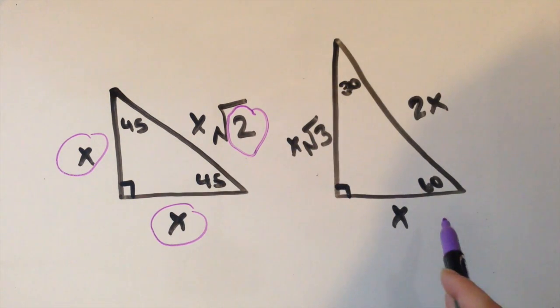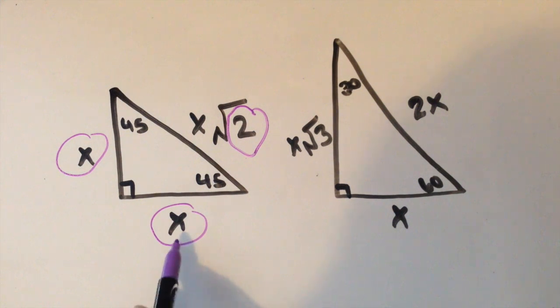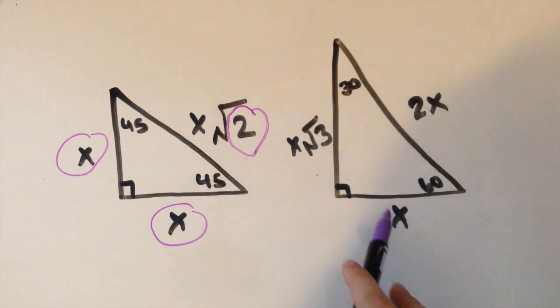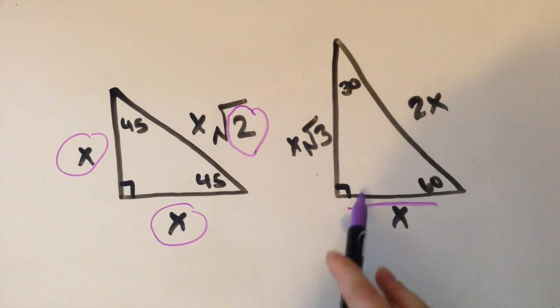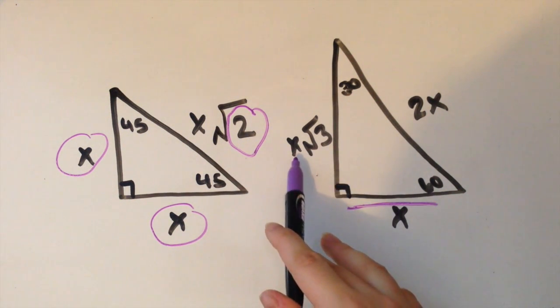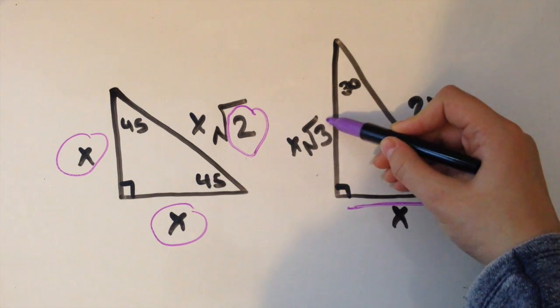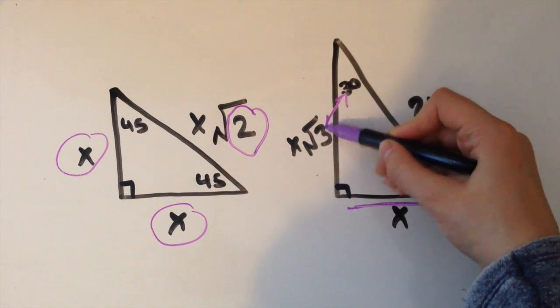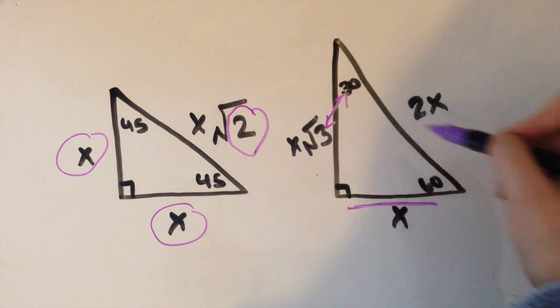A way to remember the 30-60-90 triangle is if you know that you have an x here, then you also have an x on the bottom of the triangle here. To remember x root 3, if you always lay the triangle out like this, these 3's, the 3 from the 30 and the 3 from the root 3, will always be next to each other.